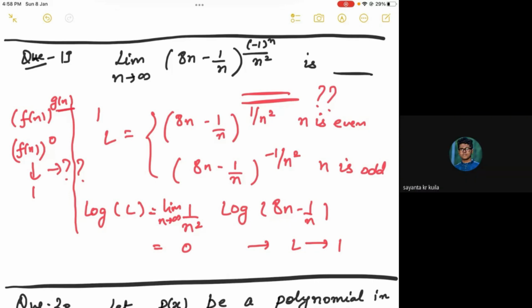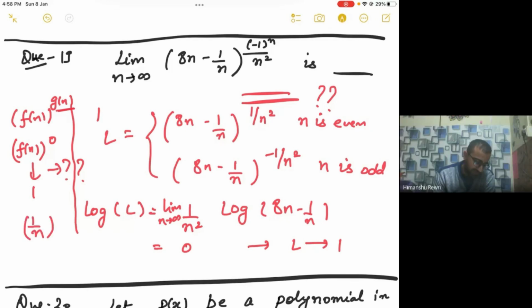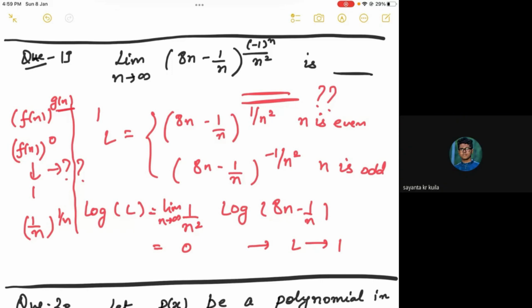The limit should always exist finitely. If we take fn equals 1 by n, then 0 to the power 0. Okay, fn is 1 by n to the power 1 by n. Sir, I think the limit of fn should exist finitely. Okay.